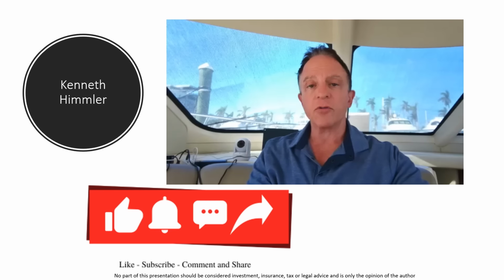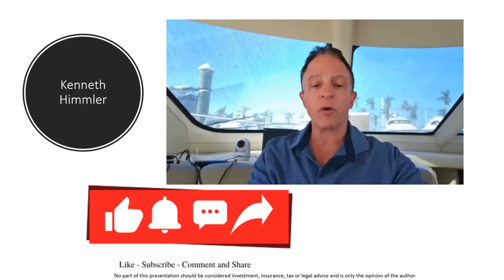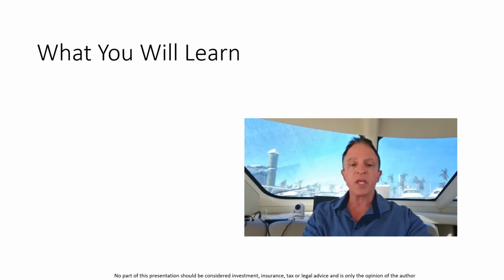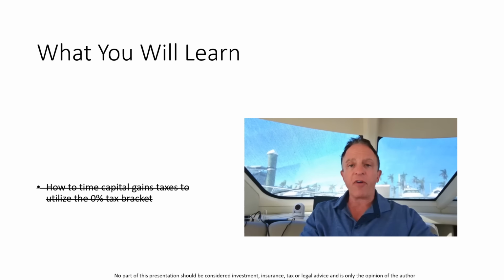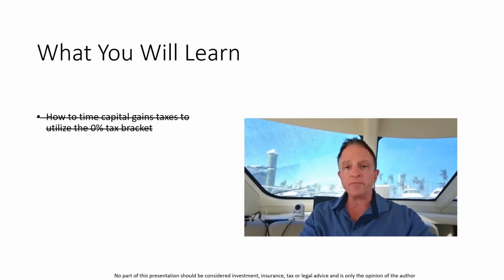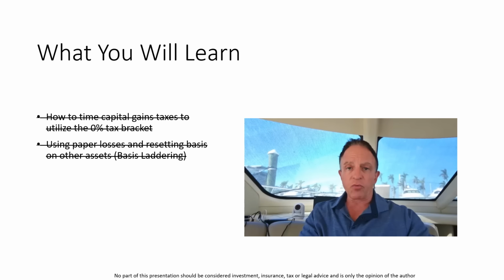So without further ado, let's get into the details of what we're going to do today. What are you going to learn? Well, this is part four of five. In part one, I taught you how to use timing methods to potentially get into a 0% capital gains tax rate. In part two, I talked about basis laddering, how to use tax offsets and sell something to basis ladder up.